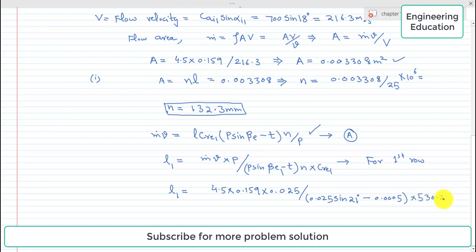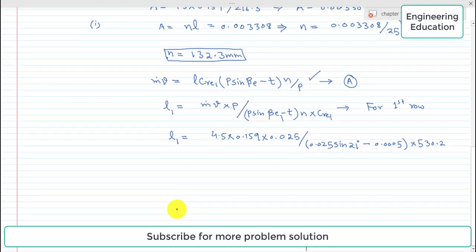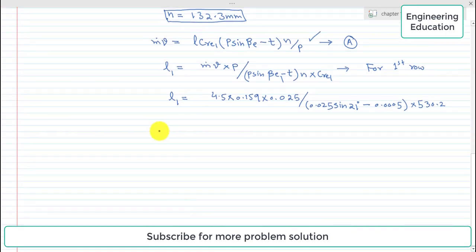So simplifying this, we will get the value of L1, which is 30.2 millimeter. So this is part 2.